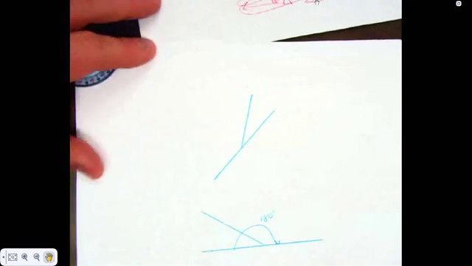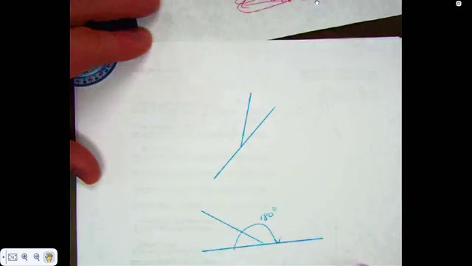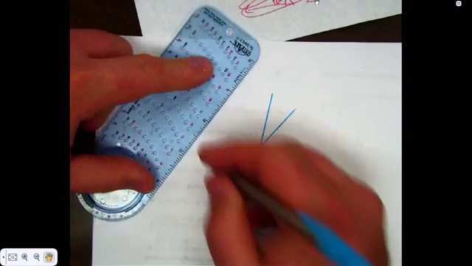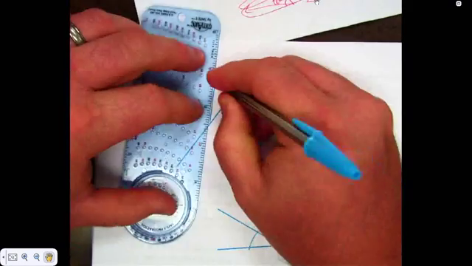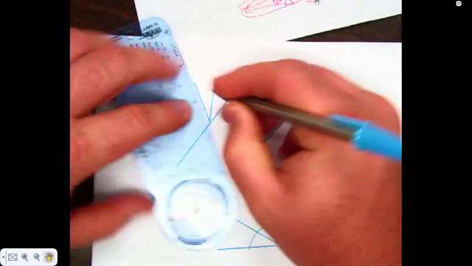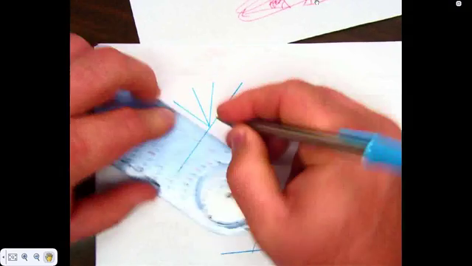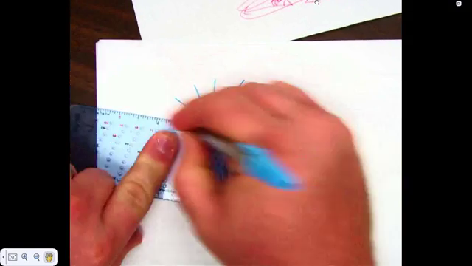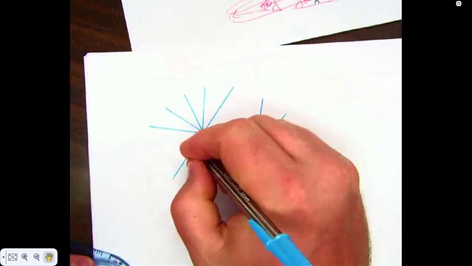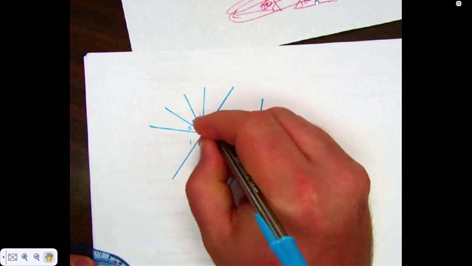I drew two completely different angles. What do you think those two angles add to? Right? What do you think angle 1 plus angle 2 plus angle 3 plus angle 4 plus angle 5 is going to be? Why?